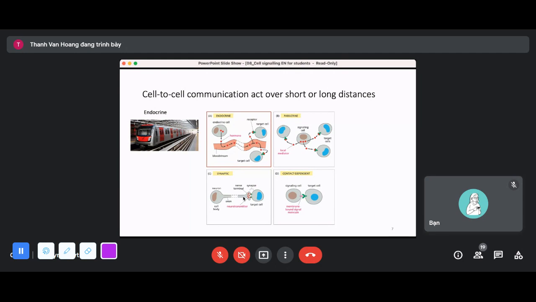It depends on, of course, the distance of the target cells, right? Do you think it's real fast? For example, if you compare with the signal which is transported by neurons, which one is faster? What do you think?